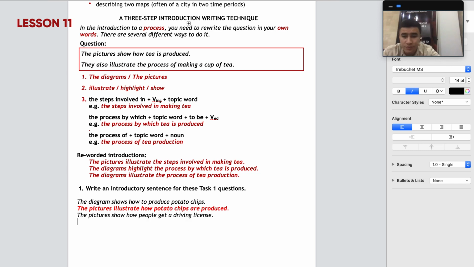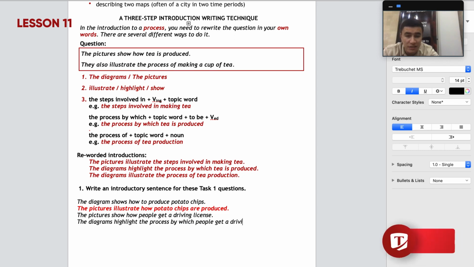Next, the pictures show how people get a driving license. You can say the diagrams highlight the process by which people get a driving license.